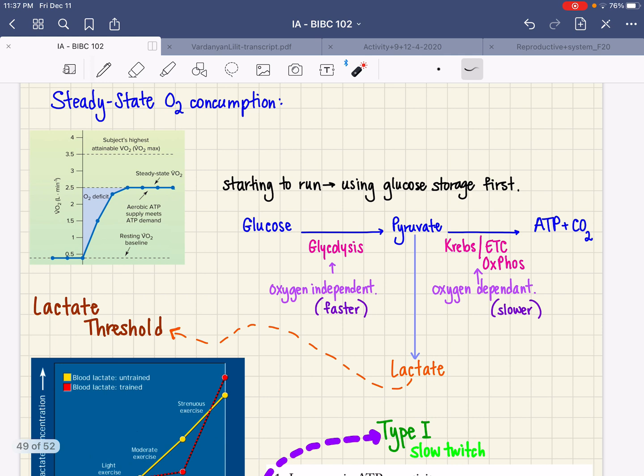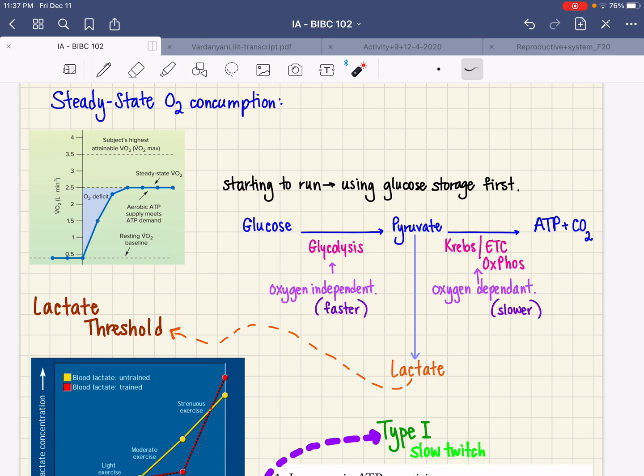The next concept we talked about is steady state oxygen consumption. So steady state happens when we are able to consume oxygen at a constant rate, right? For example, if I go outside and I start walking at a pretty fast pace, at first, I'm going to feel like I'm out of breath, right?